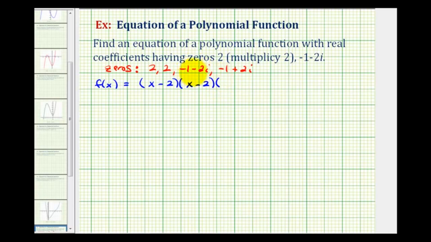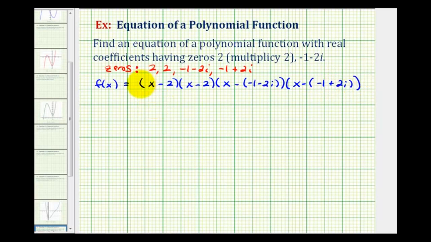And if -1 minus 2i is a zero, we must have a factor of x minus (-1 minus 2i). And if -1 plus 2i is a zero, we must have a factor of x minus (-1 plus 2i).